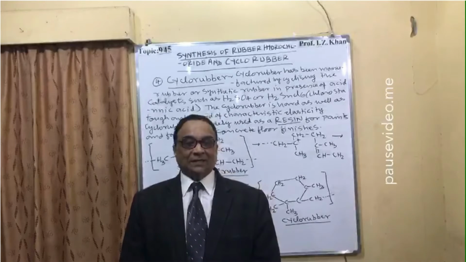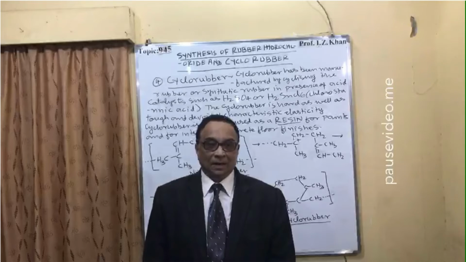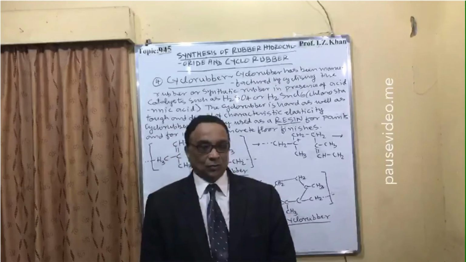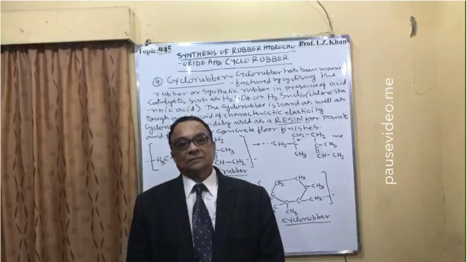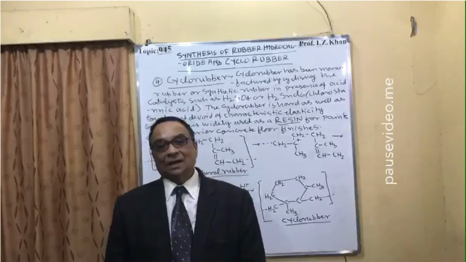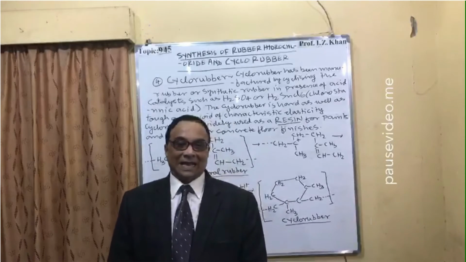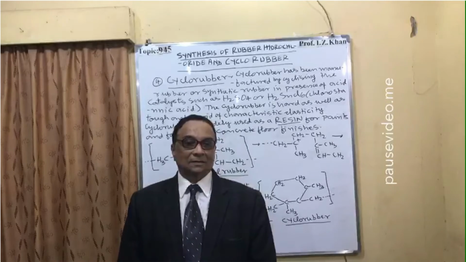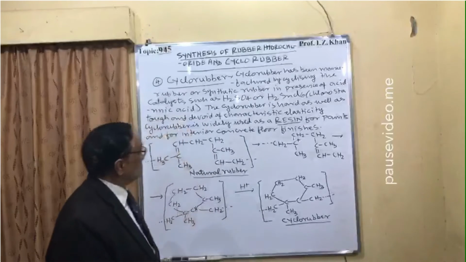Number 4 is cyclorubber. Cyclorubber is manufactured by cyclization of natural rubber, and sometimes even synthetic rubber, in the presence of a cyclizing agent like sulfuric acid or stannous chloride, that is H2SnCl6, chlorostannic acid, and the reaction product is given here.